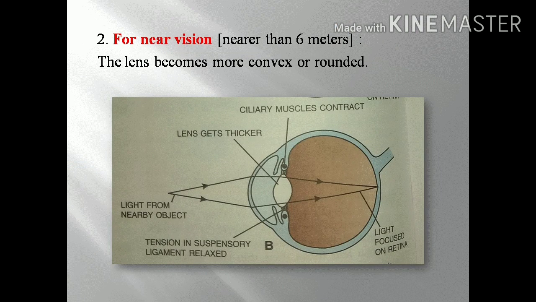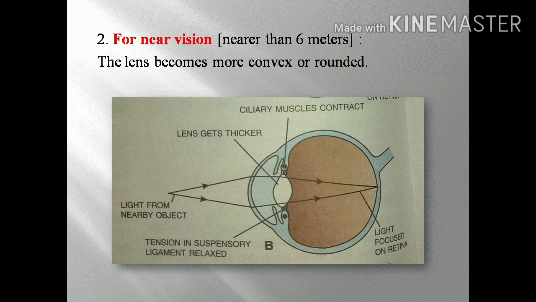Next, for near vision. Near vision means nearer than 6 meters. The lens becomes more convex, or rounded, or thick. So when we see a nearer object, the opposite of distant vision takes place.